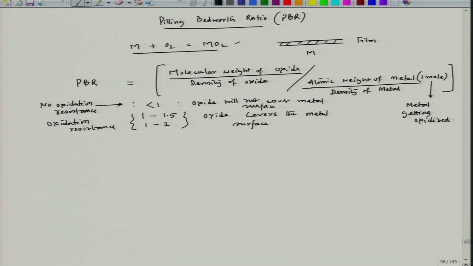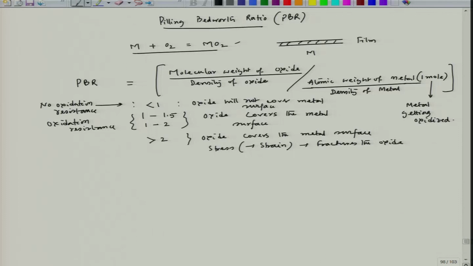But if this ratio goes beyond 2, though the oxide covers the metal surface, it generates stress, which leads to strain. Since the oxide is not plastic, this strain fractures the oxide, and once it fractures, it opens up fresh metal which can react with the gaseous oxygen and go into further oxidation.